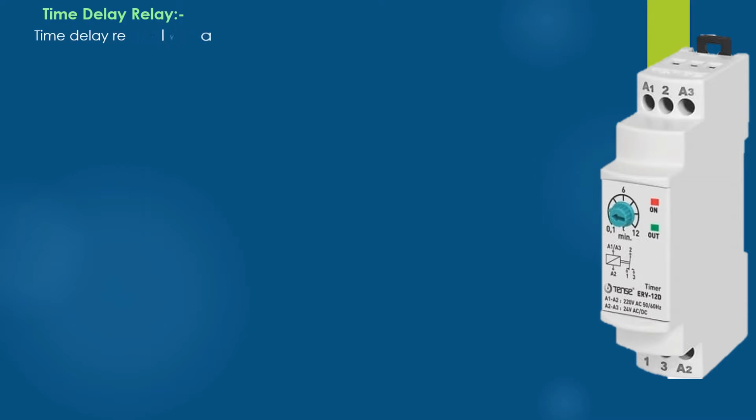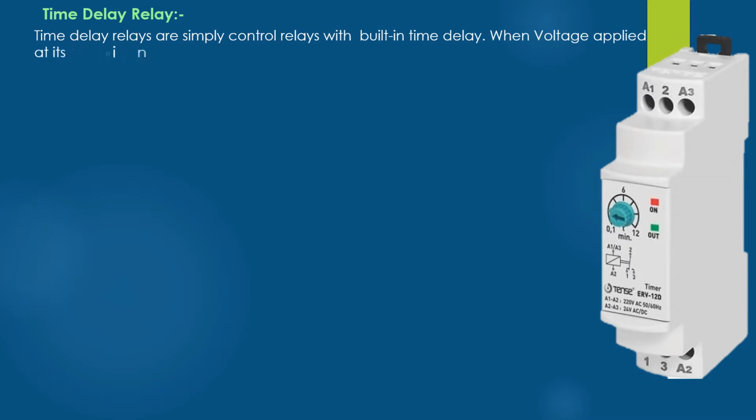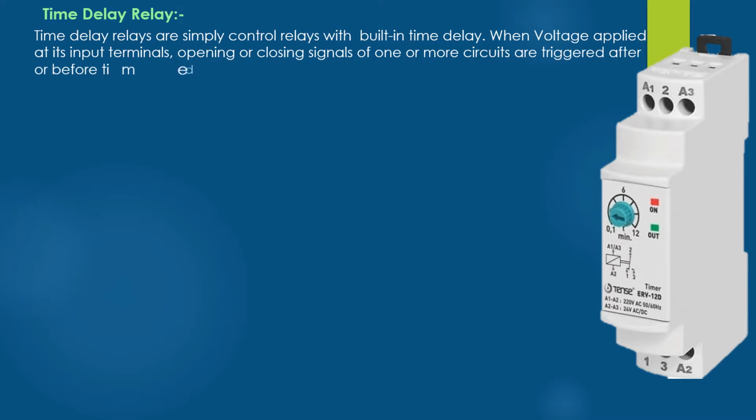Time delay relays are simply control relays with built-in time delay. When voltage is applied at the input terminals, opening or closing signals of one or more circuits are triggered after or before a time-based interval.